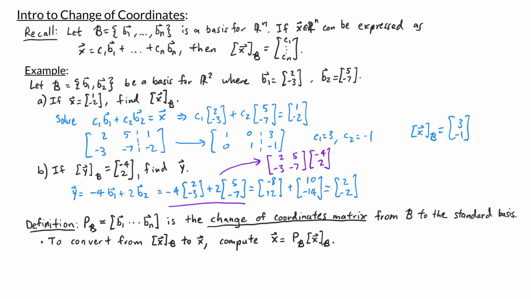Now if I take this equation and multiply both sides by the inverse of P_B, then this gives us a way to calculate the B coordinate vector for x if I know the standard coordinates. So if I want to convert from x to the B coordinate vector for x, I just need to multiply by P_B inverse. So let's look at a few more examples.